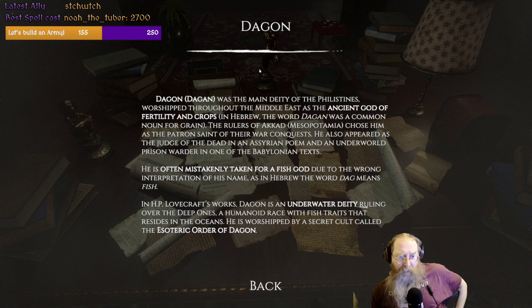He is often mistakenly taken for a fish god due to the wrong interpretation of his name, as in Hebrew the word dag means fish. In H.P. Lovecraft's works, Dagon is an underwater deity ruling over the deep ones, a humanoid race with fish traits that resides in the oceans. He is worshipped by a secret cult called the Esoteric Order of Dagon.